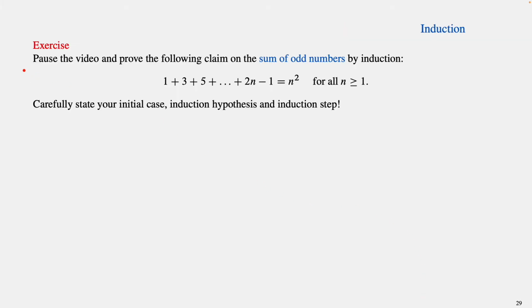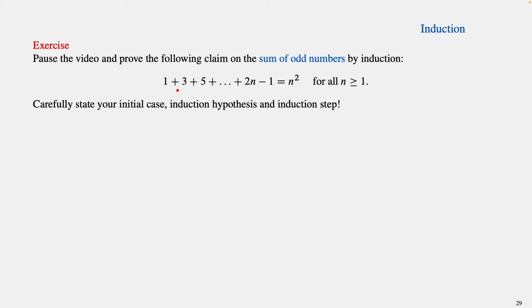So now try your own hand at proving by induction, and if necessary rewind the video and review the steps from Gauss' summation formula and try to transfer them to this problem. Here I want you to show that the sum of the first n odd numbers, so the sum from 1 up to 2n minus 1, is equal to n squared for all n greater equal 1.